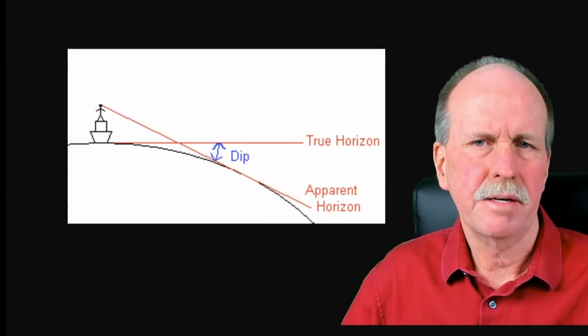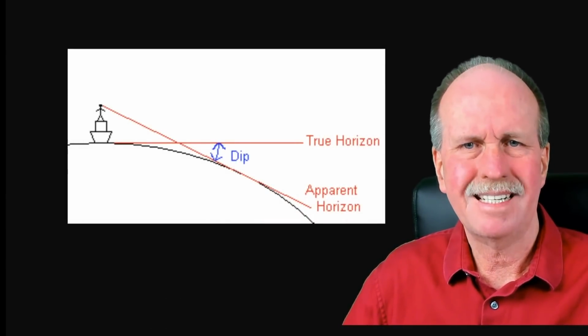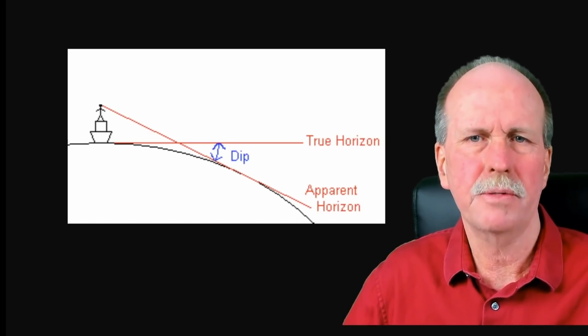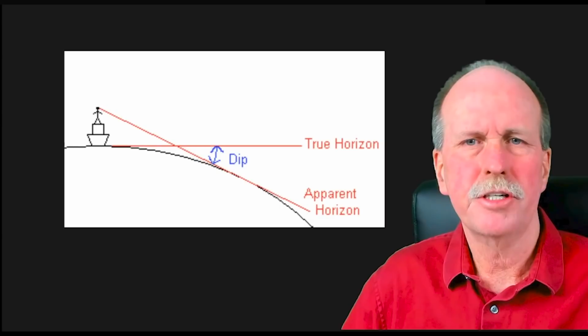Does the dip angle from the bridge of a ship at 10 meters height above the water change depending on what direction you're looking at the horizon? I wouldn't think so. Well, if you're seeing the horizon from every point of the ship, all you see is horizon. It should all be the same, right? The question is does the dip angle change based on the direction you're looking at the horizon from the ship?